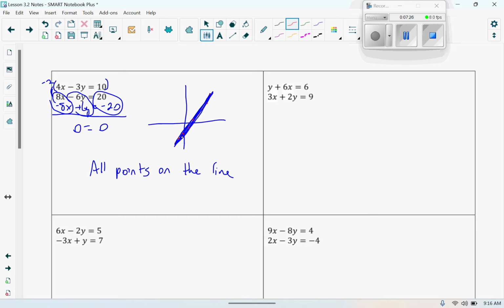Okay, let's go to the next one. So this one, honestly, guys, I might do substitution, but if I'm forced to do elimination, what I would do is multiply this by maybe -3. Ooh, no, look at this. Do you see how these are kind of out of order? Let's go ahead and fix those.